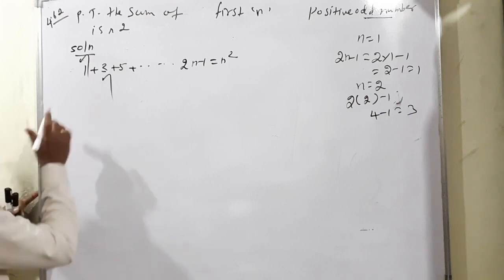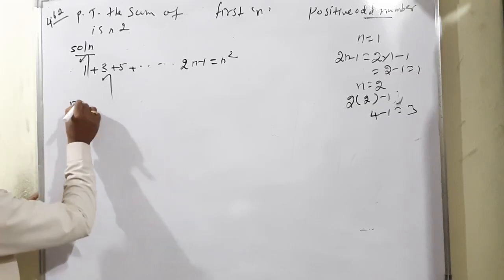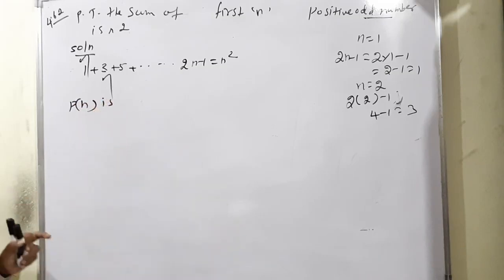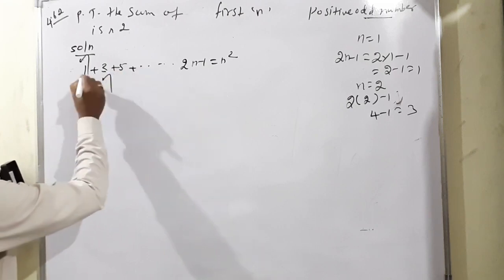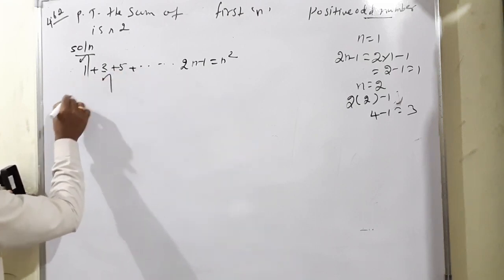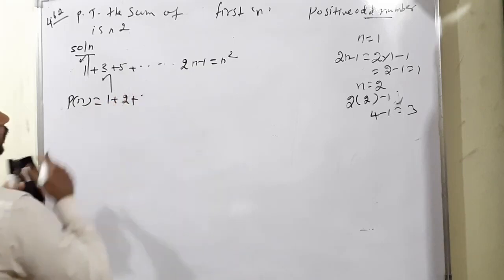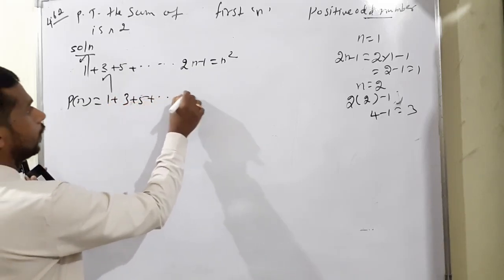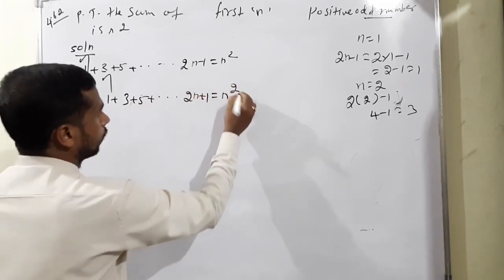What do we have to do in the first step? P of, not P of k, P of n, isn't it? First you have to consider the whole term P of n. So P of n is 1 plus 3 plus 5 plus dot dot dot 2n minus 1 is equal to n square.